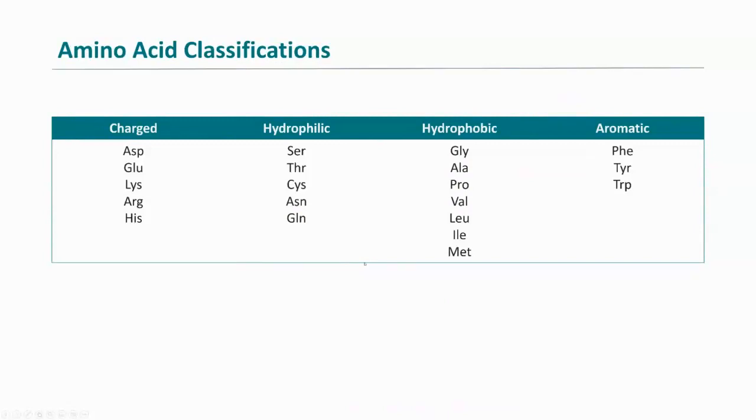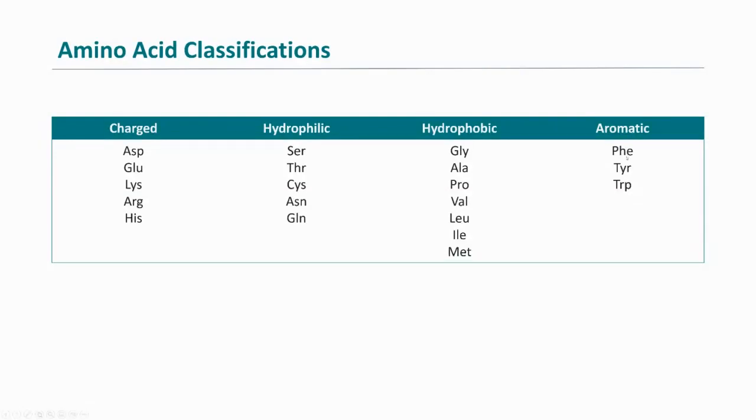The amino acids can be classified into these four different groups. Normally we don't classify this way, but in this book they classify them as charged, which is positive and negative: lysine, arginine, histidine are positive charge, and aspartic acid and glutamic acid are negative charge. Then hydrophilic, hydrophobic, and aromatic: phenylalanine, tyrosine, and tryptophan have the aromatic ring.